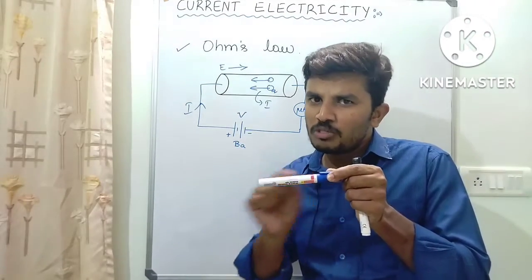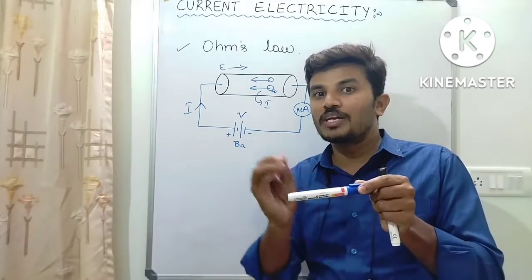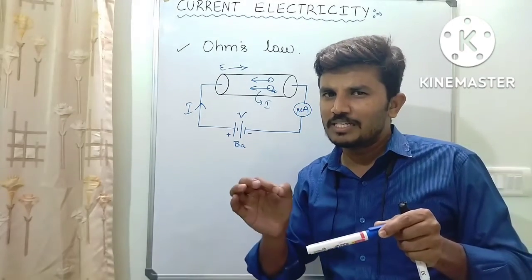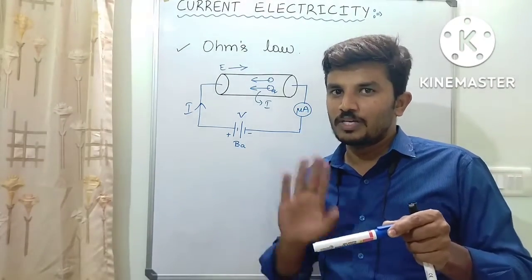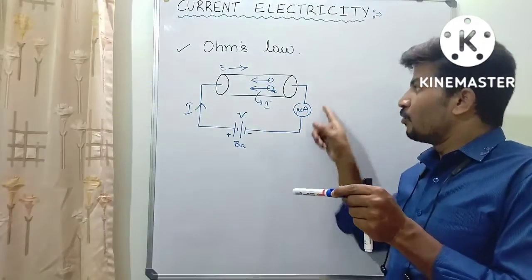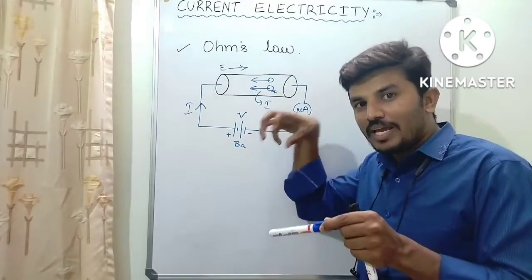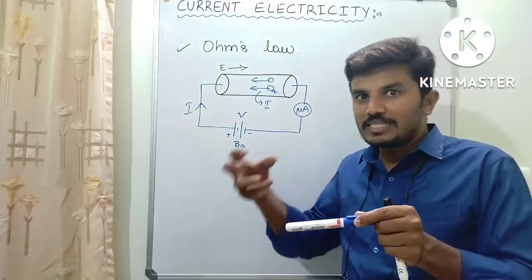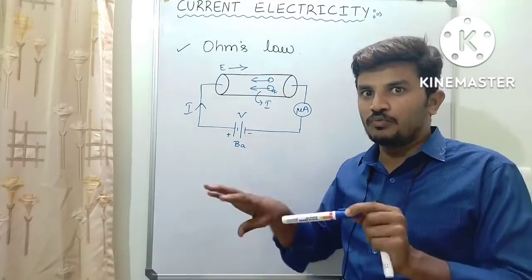Does the proton move through the material? No, because the proton is present inside the nucleus. How can you expect the proton to move? It will not move. But when the electron moves, it leaves a vacancy there. That is considered as positive charge or positive influence.